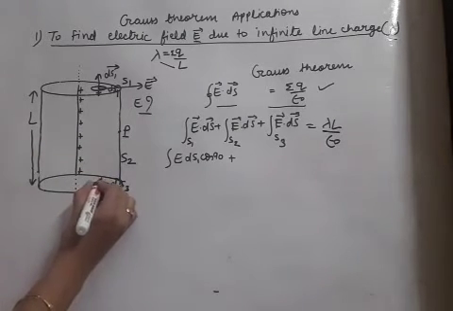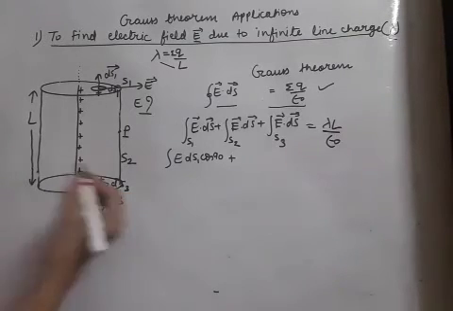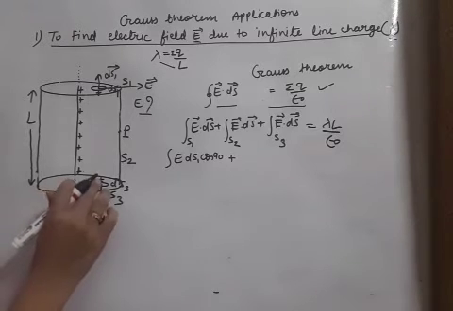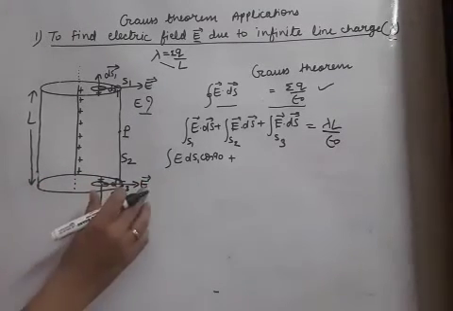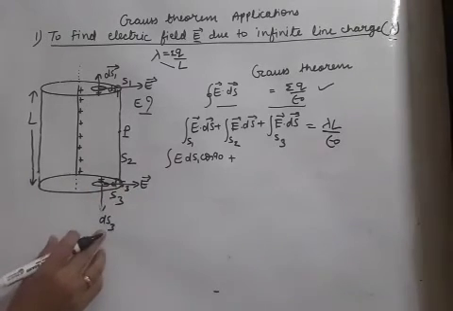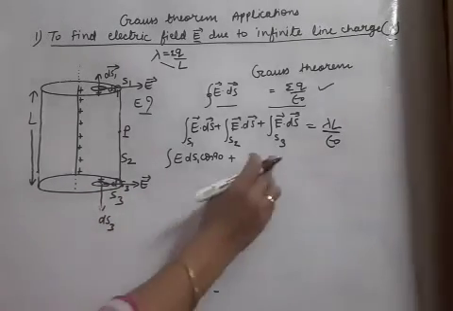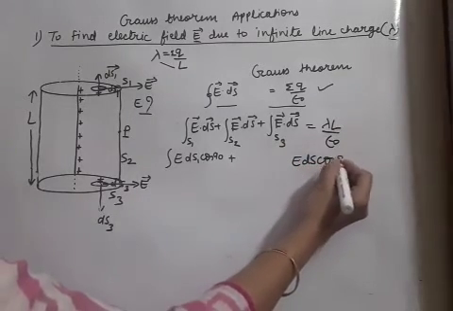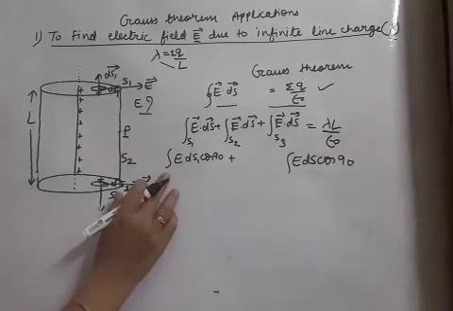Then the electric field direction can be found by keeping a plus charge here. Where this plus will go, that is the direction of electric field. This plus will be repelled. So electric field and ds3 are shown. The angle between the two, you can see, is 90 degree. So for the S3 surface, we will write the detail. Then S3 is solved, S1 is solved.